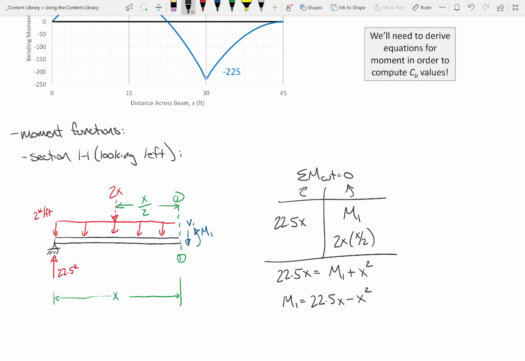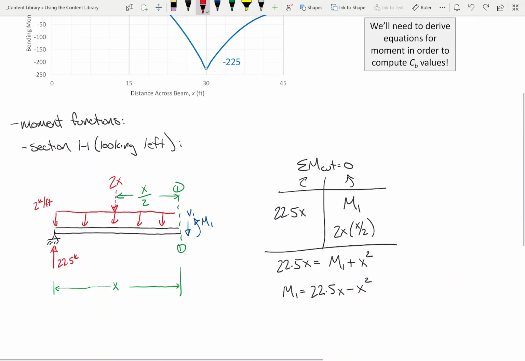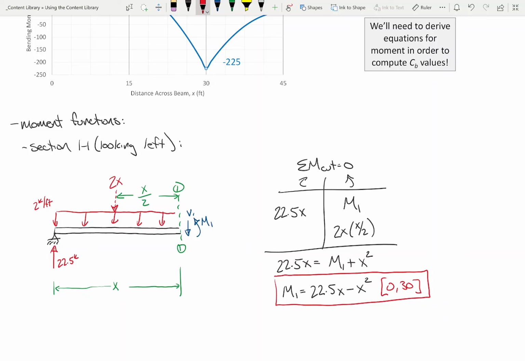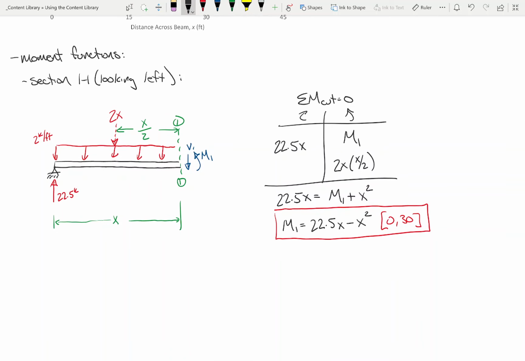Because we're talking essentially about this parabola that goes from here to here, right? Is that fair? Okay. So how about section 2? We said section 2, we're going to look to the right. Is that what we said?